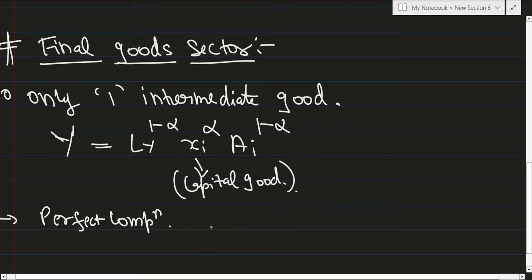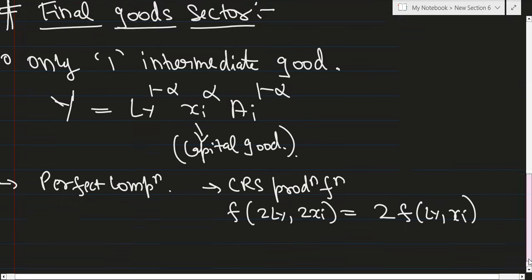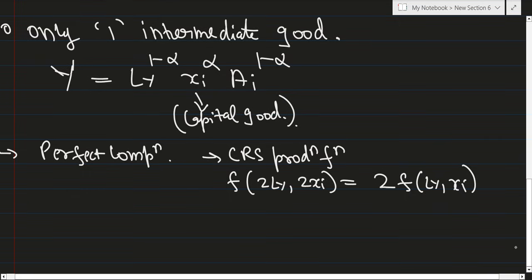We have a CRS production function, since if we double our labor and double the capital good, we would be getting twice the output. Homogeneous of degree 1.